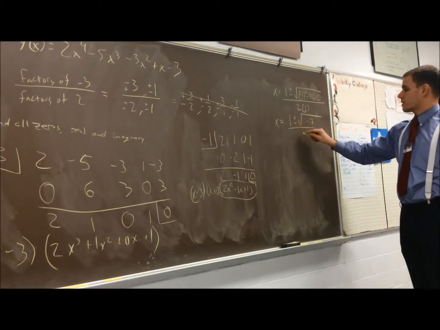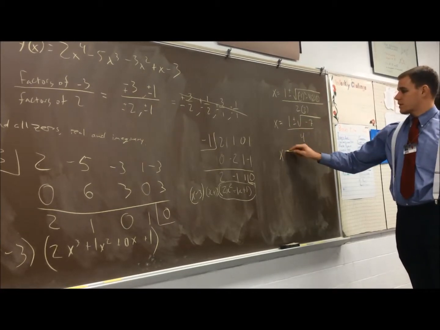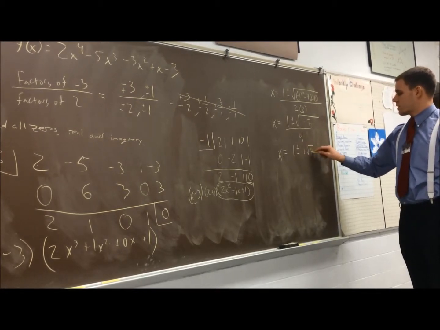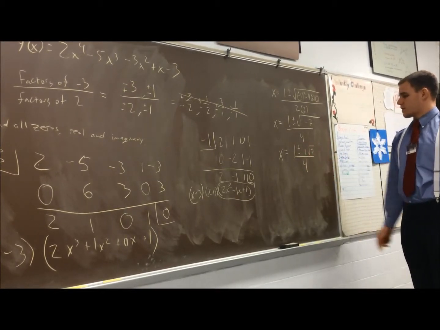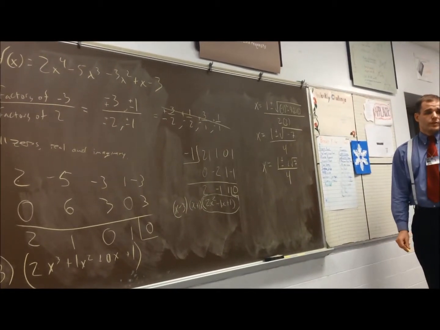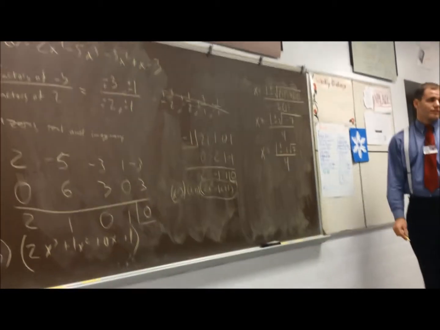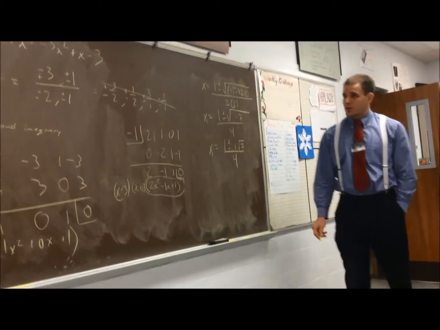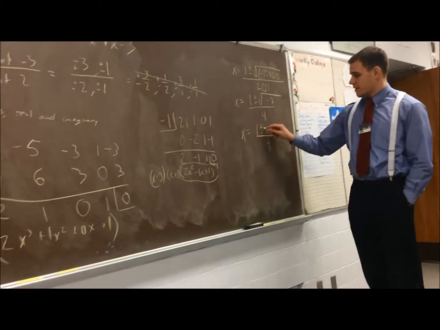Negative 7 all over 4. Ew, gross. Imaginary numbers. That's fine. So if we're trying to find the zeros of this, there are 2 of the zeros.